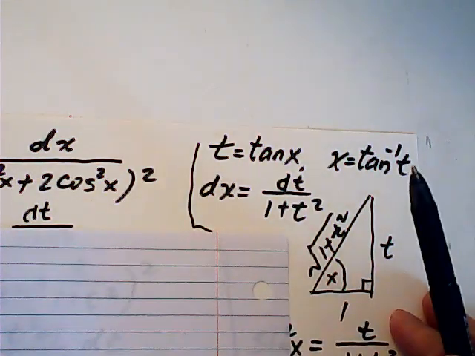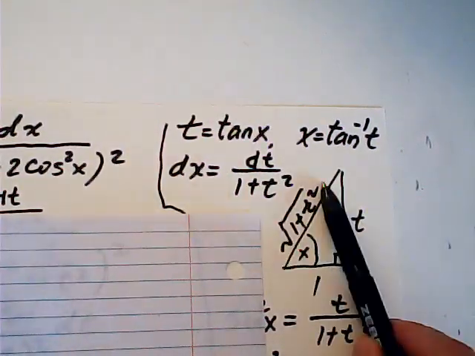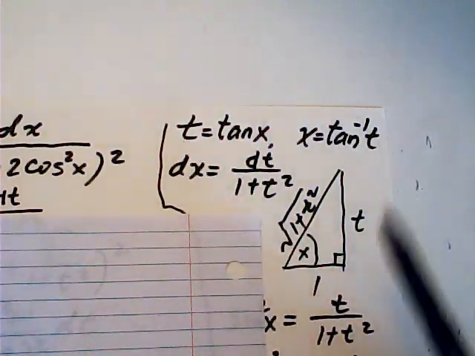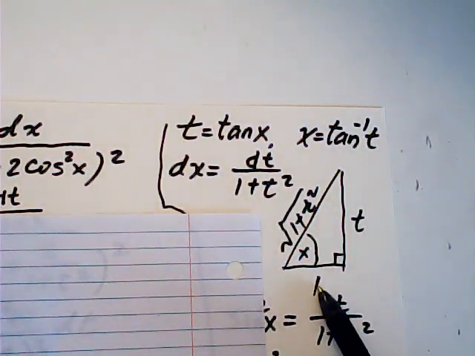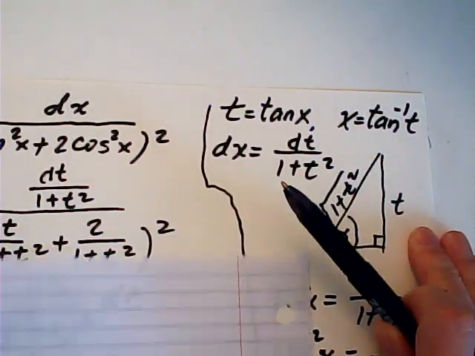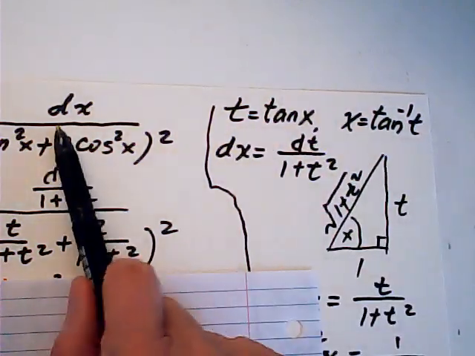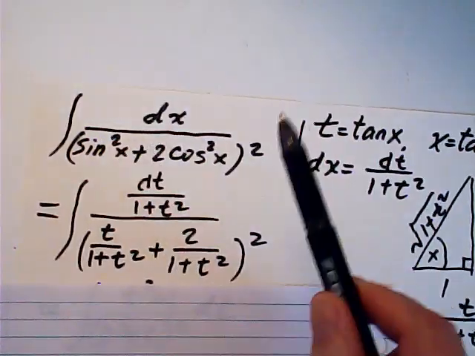Right. And also from this assumption, we have a triangle. Tangent x is t, t over 1. This is our hypotenuse.